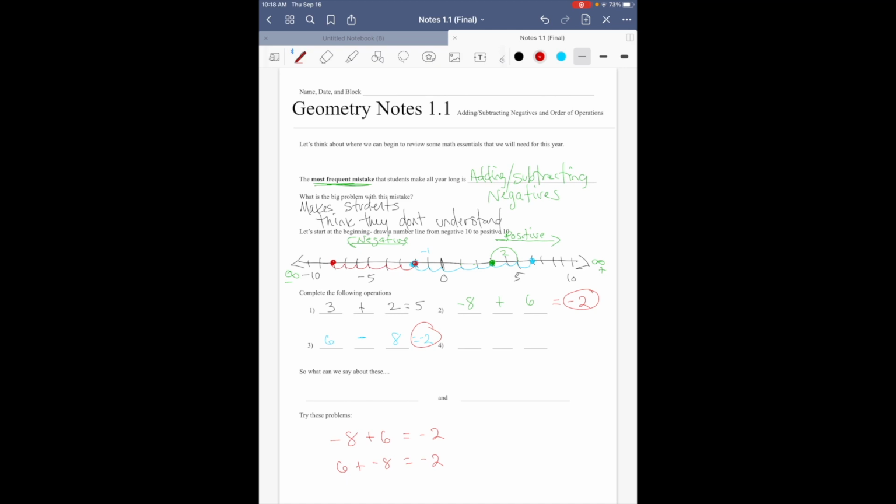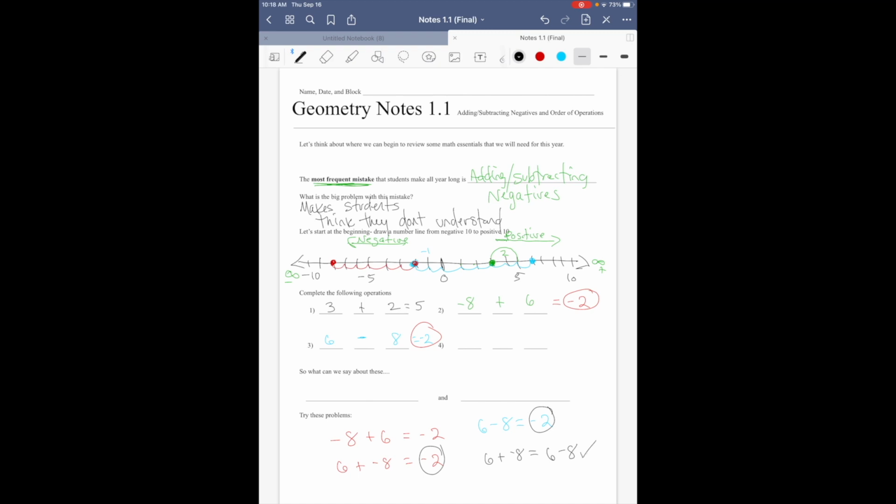And if that's true, and this is true, if we said 6 minus 8 equals negative 2, can't we then just say, and this is the big deal here, can't we just say that 6 plus negative 8 is the same as 6 minus 8? They all equal negative 2, then we can say that this is true, right?